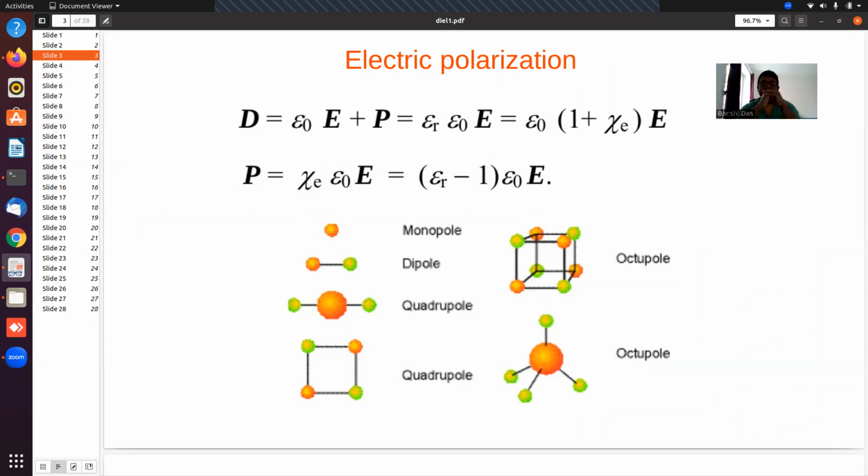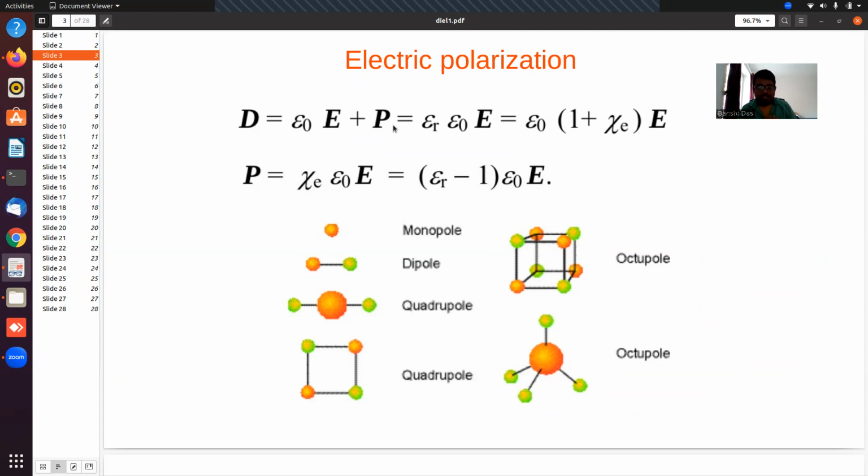So, electric polarization. Whenever there is an electric field in a medium, this is epsilon naught E, the electric field in the medium, and this is the polarization. It creates an induced charge or induced dipole in the system.